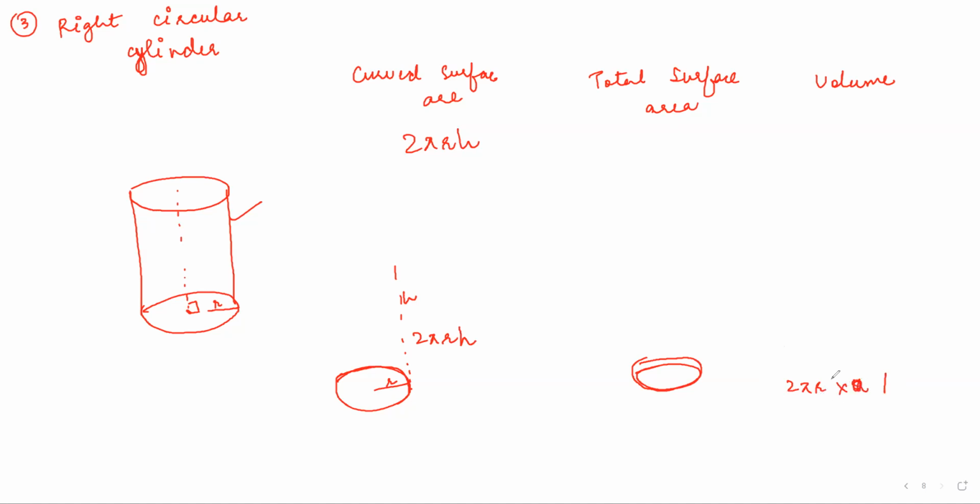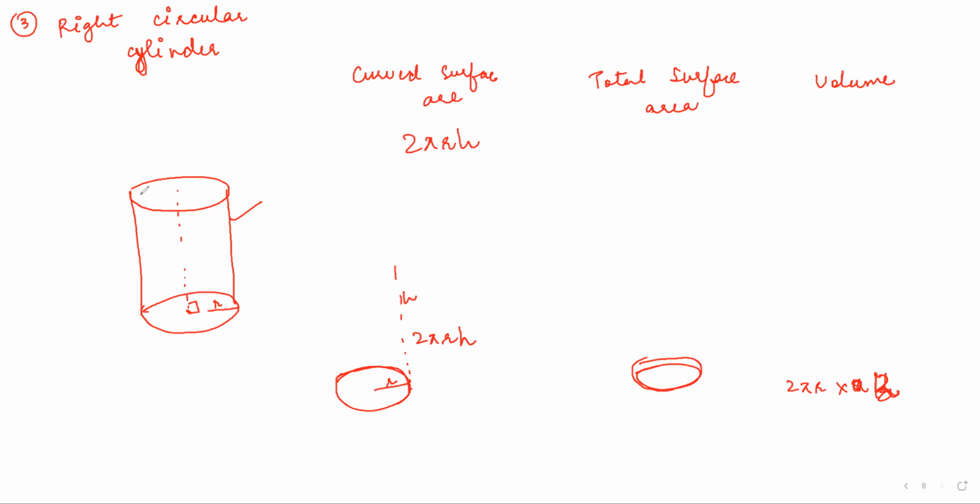One more bangle you place, so into 2. One more, into 3. So if you are placing h bangles, it will be into h. From there you have the formula 2 pi r h. Is that okay, Amna? Yes, ma'am.